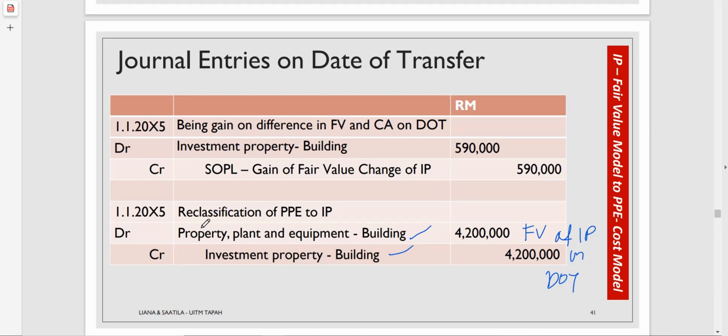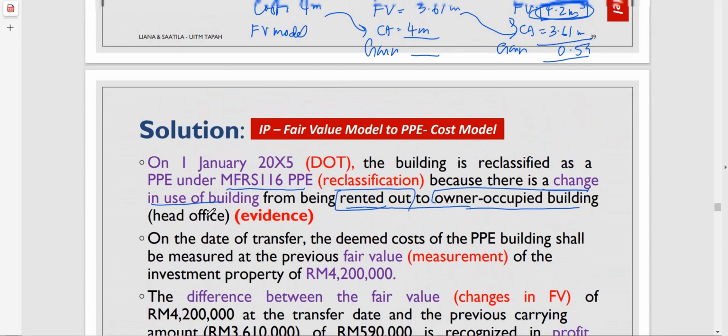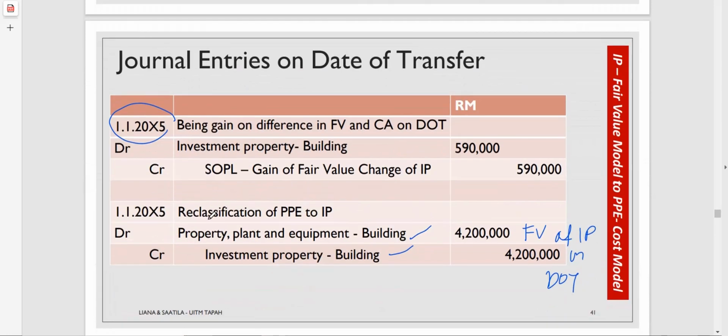The second journal entry is the fair value exercise on 1st of January, which would be 590,000. The 590,000 comes from the difference of 4.2 and 3.61. 4.2 minus 3.61 million gives you 590.